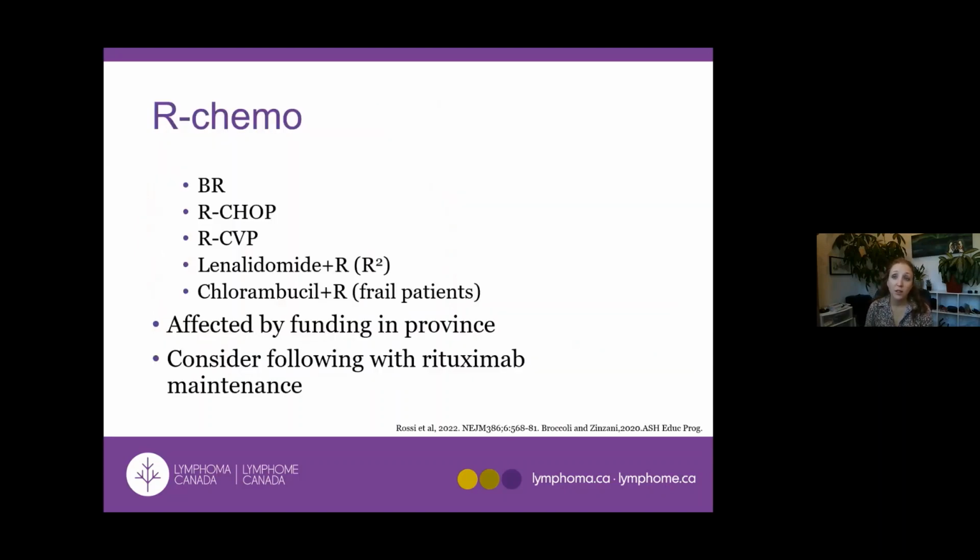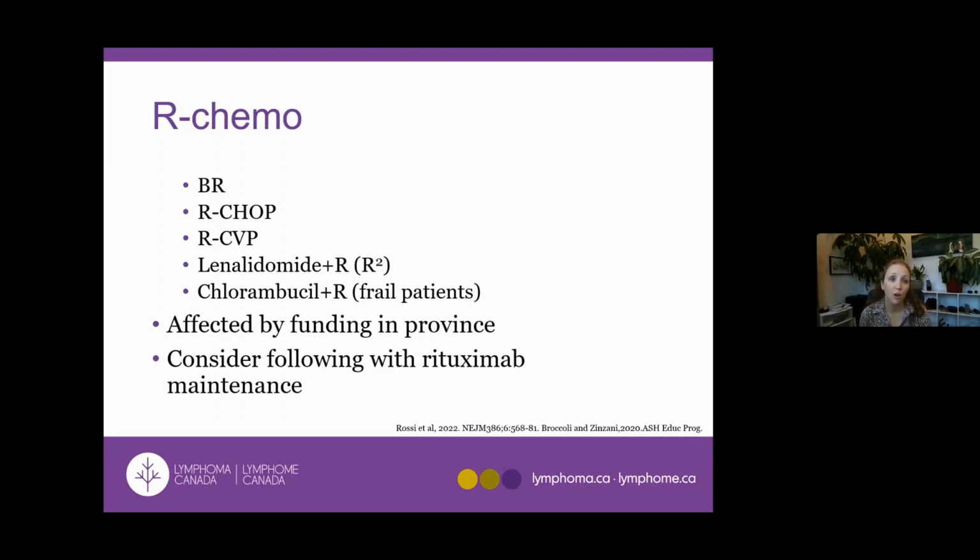So if individuals are needing chemotherapy, so they have more advanced disease, then we think about chemotherapy usually in combination with rituximab. So these are the options that we think about. R-CHOP and R-CVP are more classic chemotherapies. We've been using BR pretty standardly frontline. So if anyone has been treated recently, they most likely received BR.